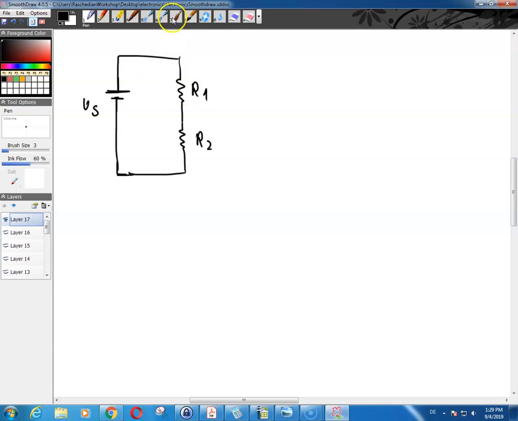Suppose that your R1 is equal to 12 ohms, and your R2 is 36 ohms.